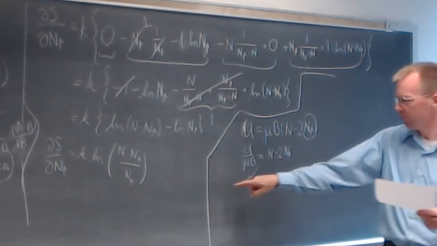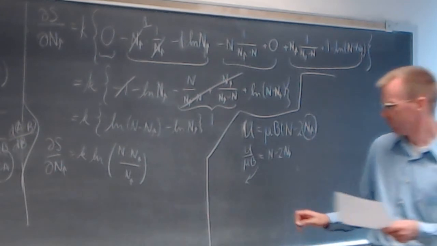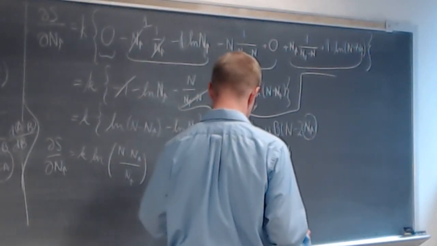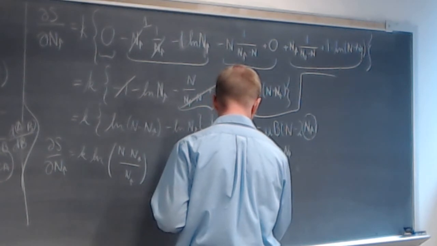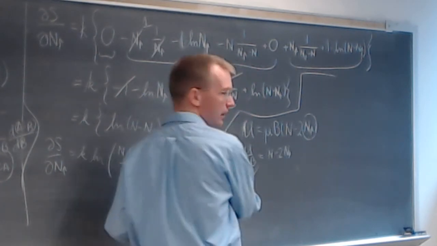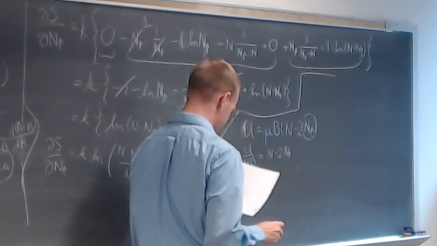So let's do one little derivation over here. Okay, n minus u over mu b.